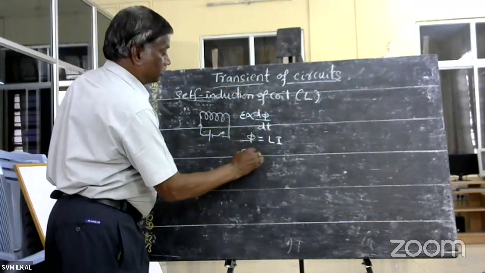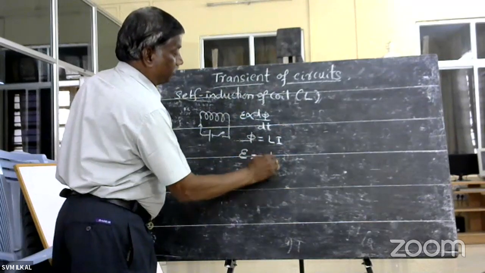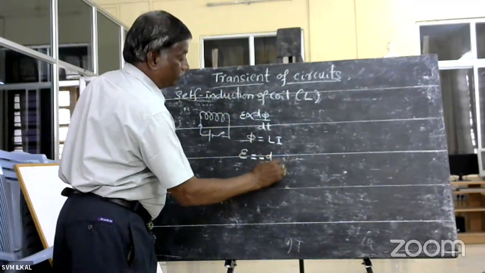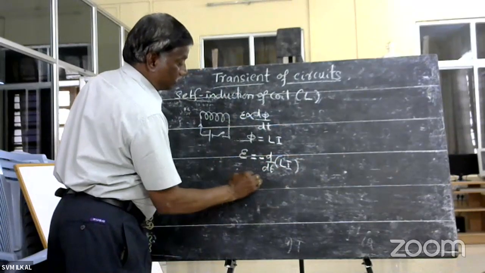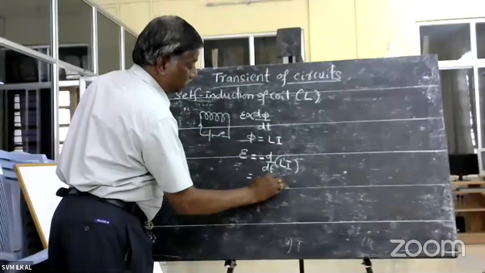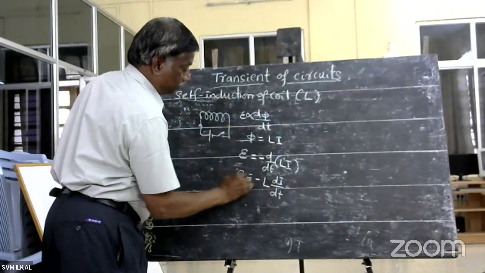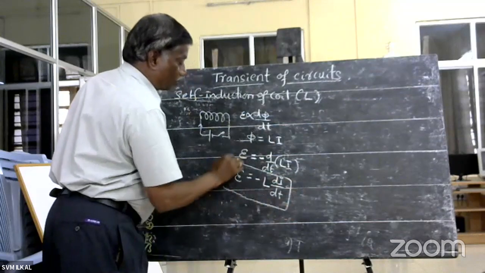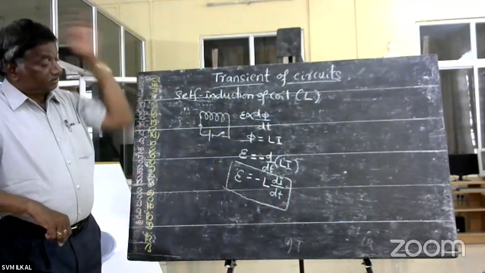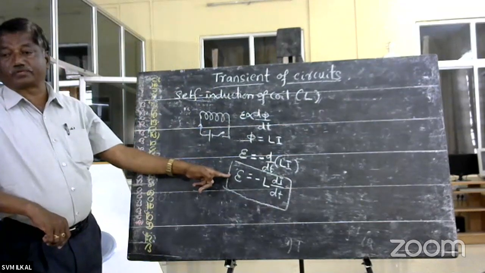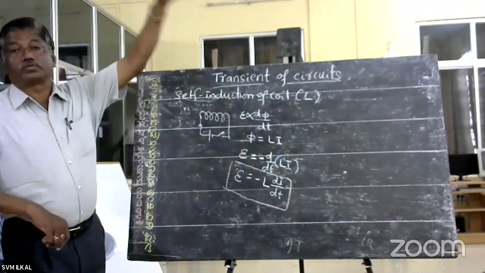Now epsilon is equal to minus d by dt of phi, and phi itself is L I. So it is minus L di by dt. Here L itself is called the coefficient of self-induction. See here, the expression itself states the definition for the coefficient of self-induction.